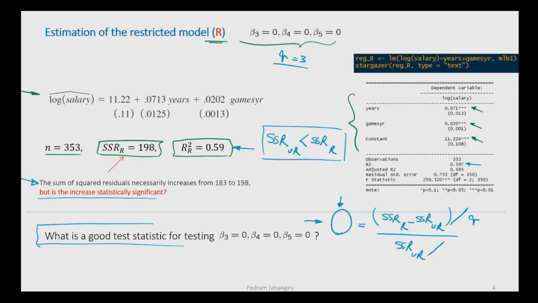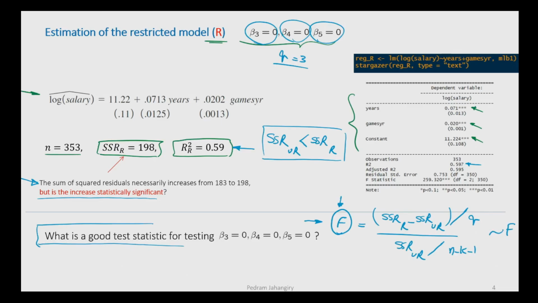Look at that. 1 restriction, 2 restrictions, and 3 restrictions. So q is the number of restrictions. It's equal to 3. And in the denominator, this is the degrees of freedom for our unrestricted model, which is n minus k minus 1. Right? So we came up with a statistic. Now we can give it a name. The name is F. So we call it the F statistic, and this F statistic is going to have an F distribution.